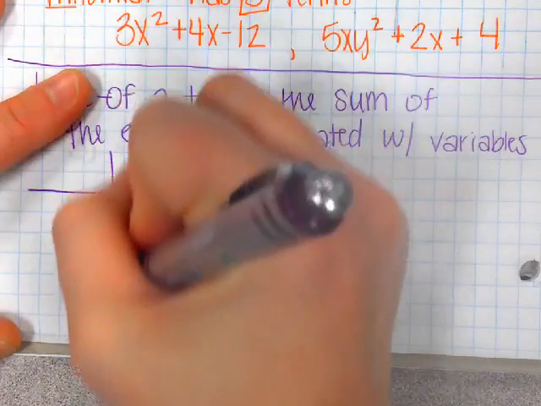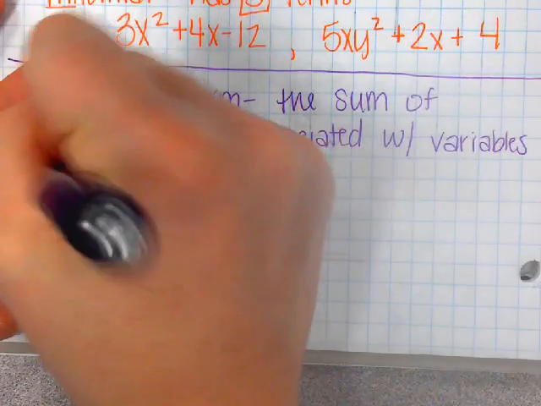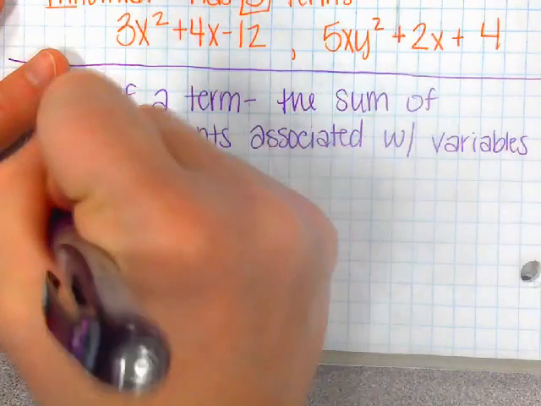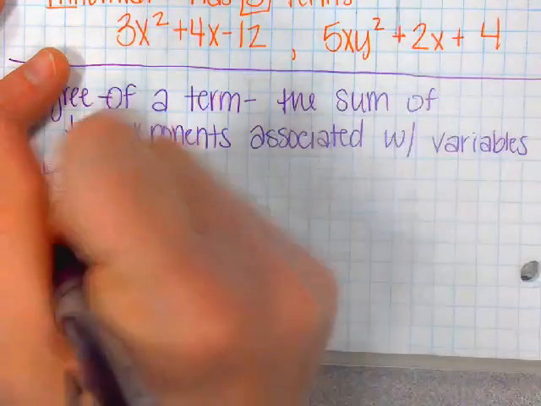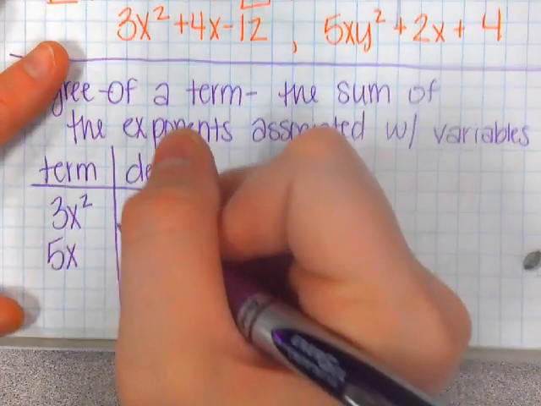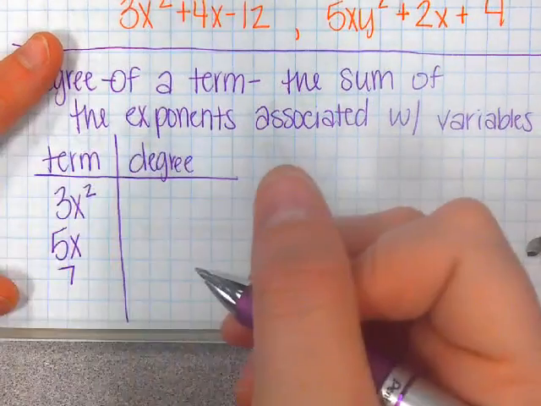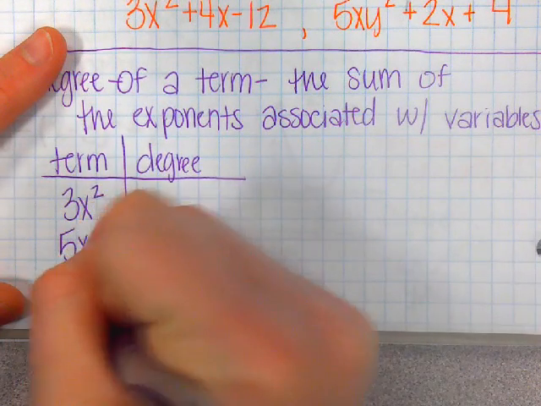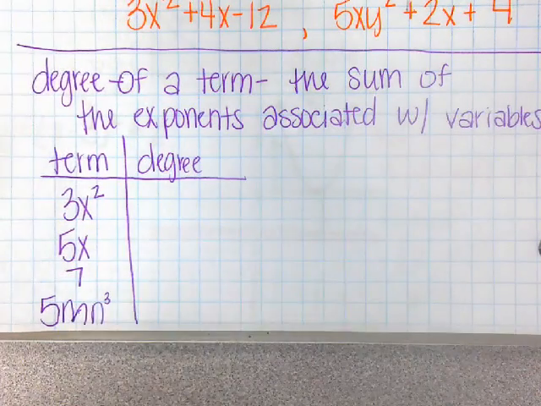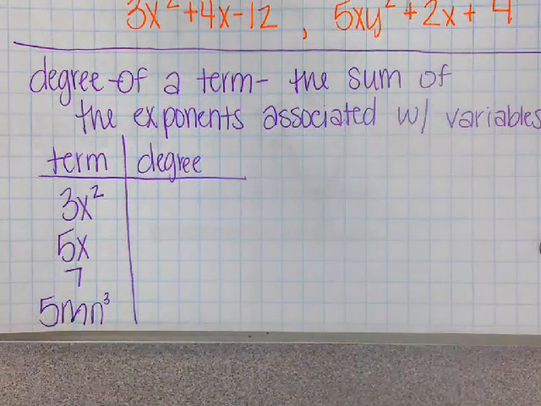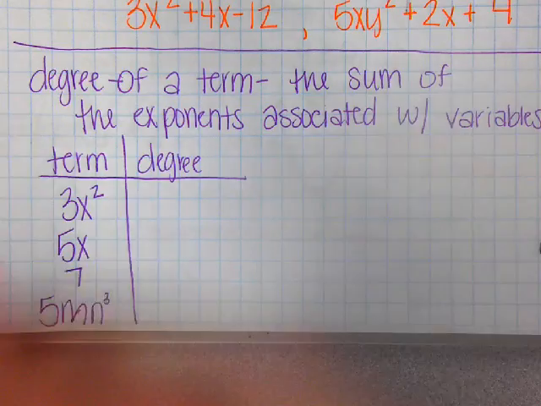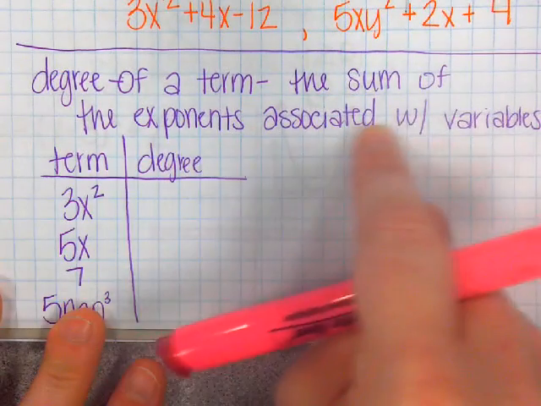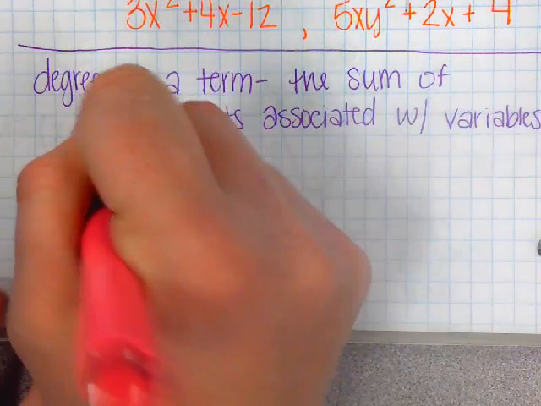So I'm going to give you some examples. So these are just the terms. This is the degree of the term. So if I have 3x squared, 5x, 7, and 5mn cubed. So if you look at that, what it means by the degree is, notice it says the sum of the exponents associated with the variable.